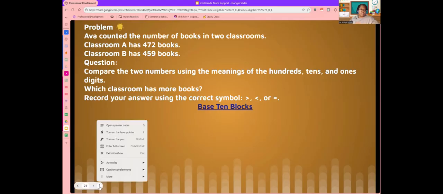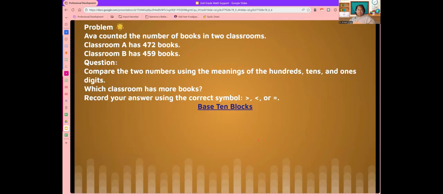So let's look at what we have. If we were to create a base value chart, let's say this is ones, tens, and hundreds. Then we can go ahead and put these two numbers in.